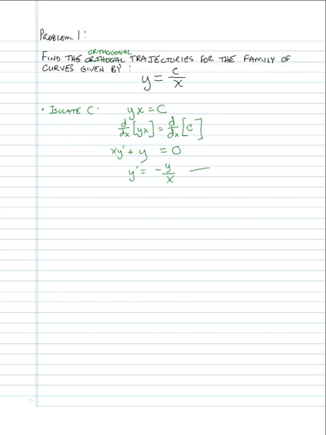Okay, so at any given point x comma y, this tells us the slope of the curve that goes through that point.